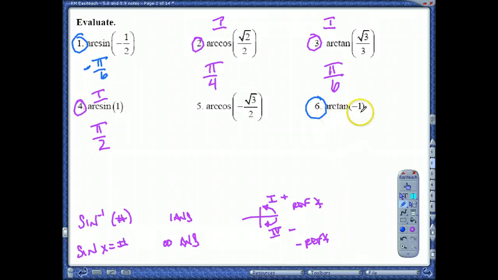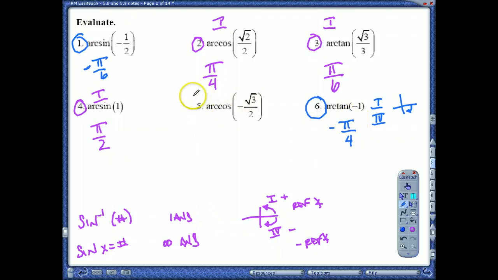Go over to arctangent, -1. Well, which special angle has a tangent of 1? Well, that would be pi/4. Since it's -1, it's going to be negative pi/4. And that's because these guys are positive in quadrant 1, negative in quadrant 4, and we are hitting quadrant 4 going backwards. So arcsine and arctangent are going to be the easiest of the two.